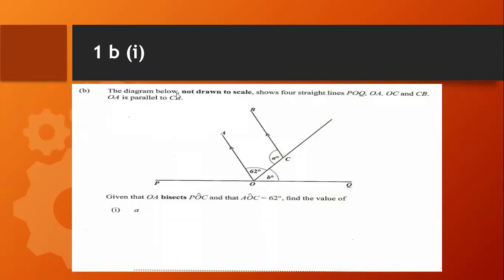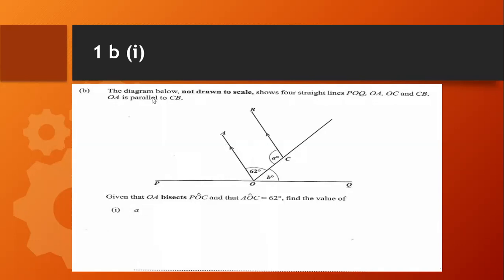Right, so what does it say here? The diagram below, not drawn to scale, shows 4 straight lines: POQ, which is this line here, OE, which is this line here, OC, this line, and CB, which is this line.